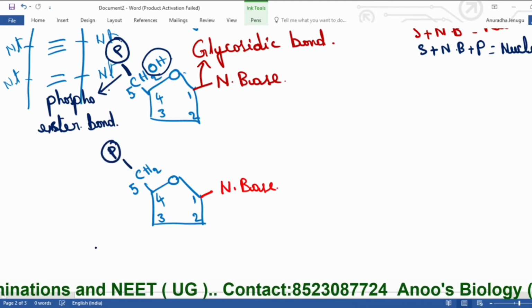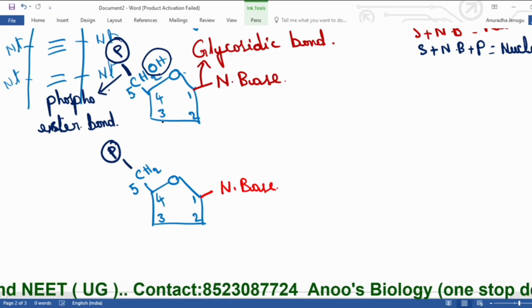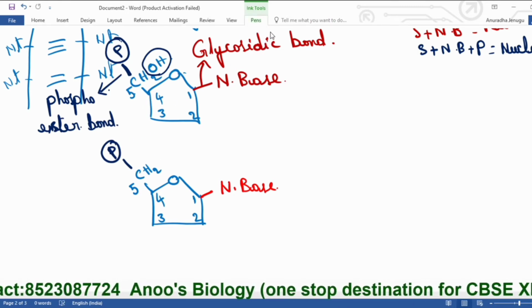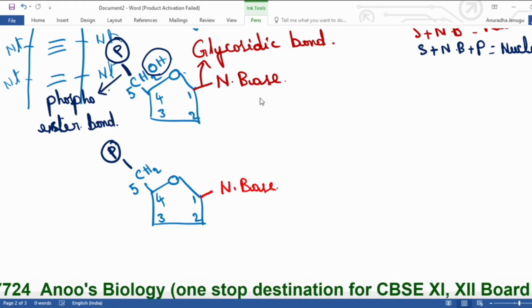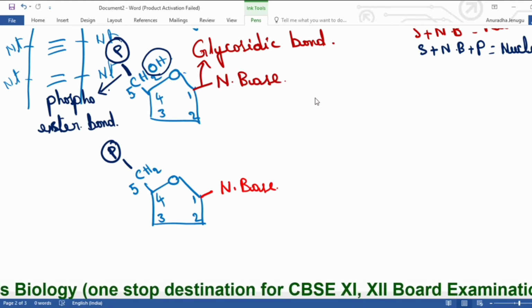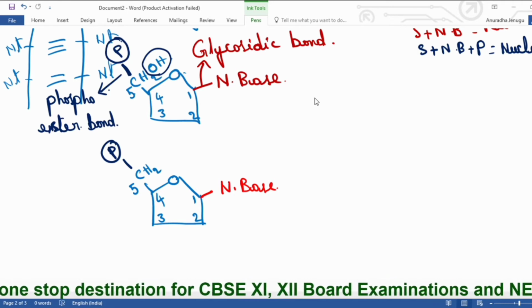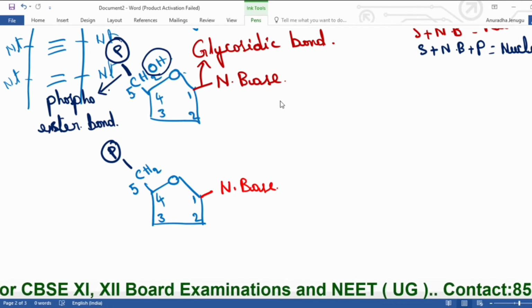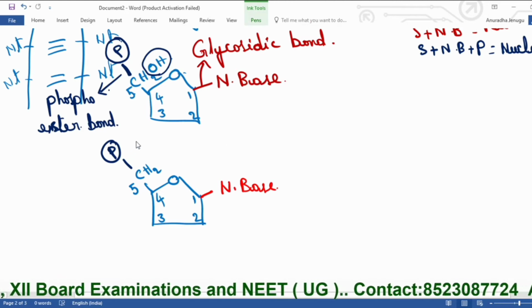Right, now this is the next nucleotide. Now this nucleotide joins with the already existing nucleotide by the formation of a phosphodiester bond. So joining of one nucleotide with its adjacent nucleotide occurs by the formation of a phosphodiester bond.